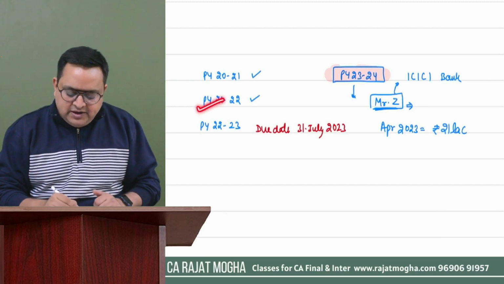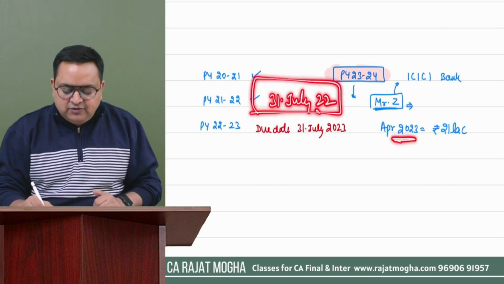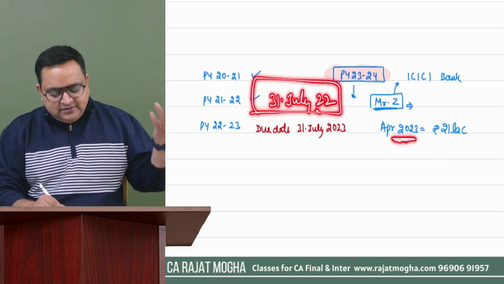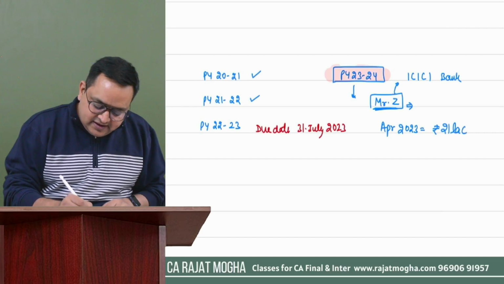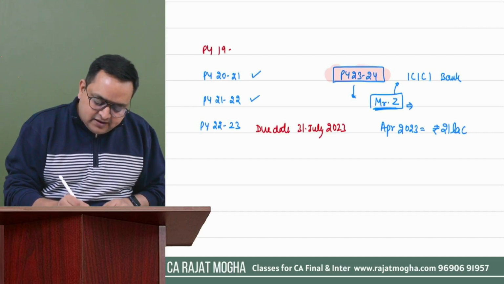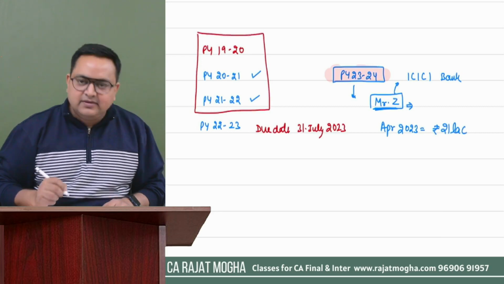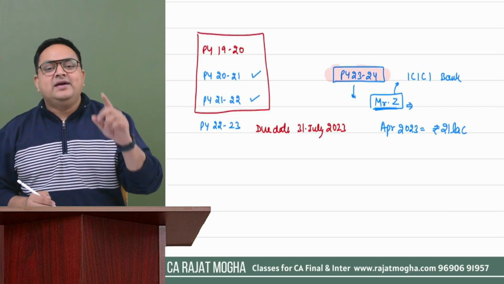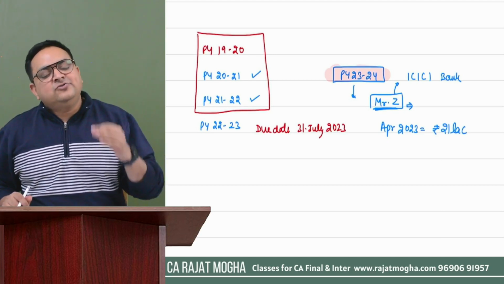So the 21-22 due date is expired, because it would have been 31st July 22. Yes, it is expired. You are withdrawing the amount in April 23 and this due date is expired. You can take this year, and here you will take previous year 19-20. So here you will take these 3 years, right? You have to take the last 3 years whose due date has already expired.